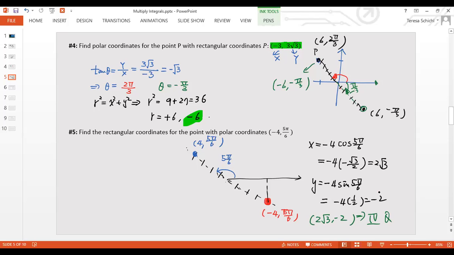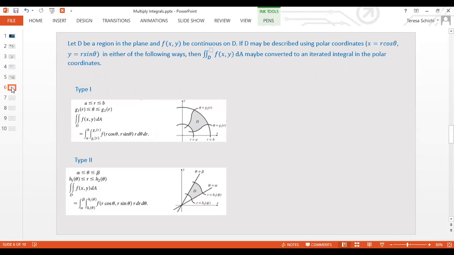Okay, so now the next thing we're going to talk about. We now have a pretty good understanding about polar coordinates. It's also kind of a review here. So now we take a look at these ones here.